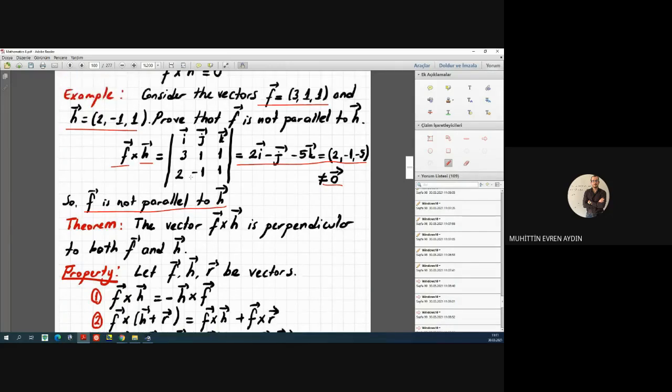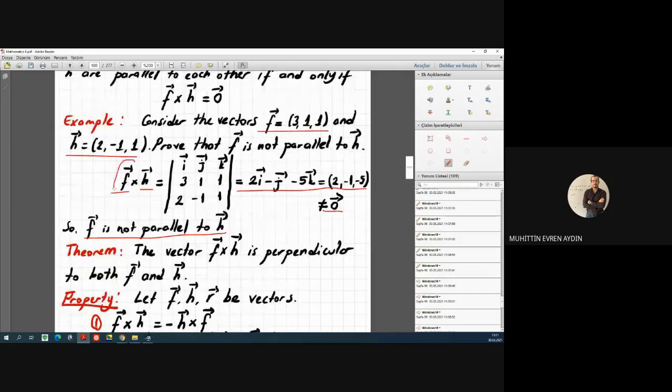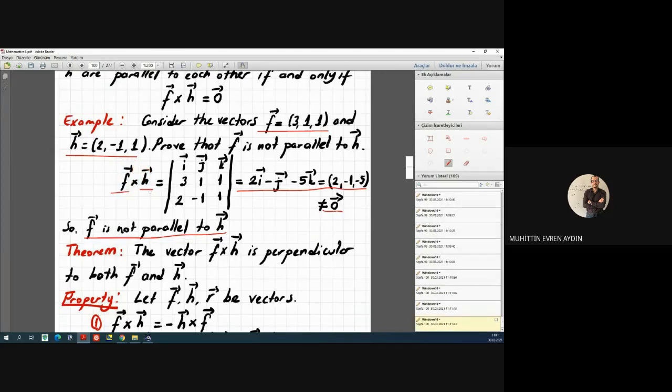By the way, geometrically, the cross product of f and h is another vector, and this vector is perpendicular to both f and h.